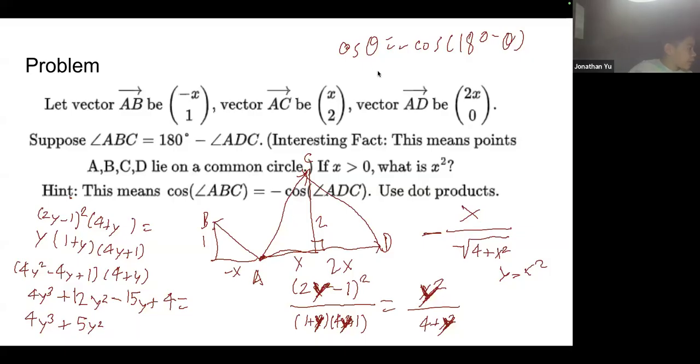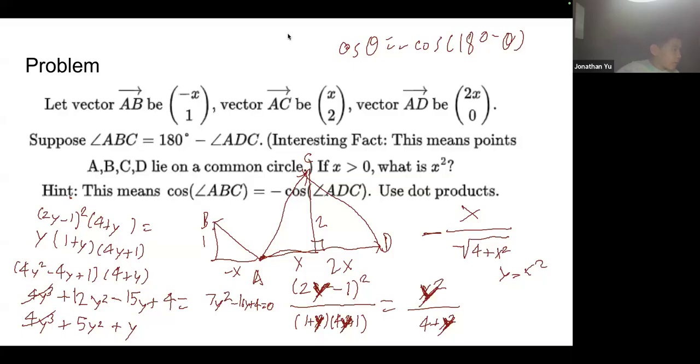The linear term is y times 1 times 1, which is y. And there's no constant term since there's a y in the front. So then we can cancel out these terms, and the result is the quadratic 7y squared minus 16y plus 4 is equal to 0.